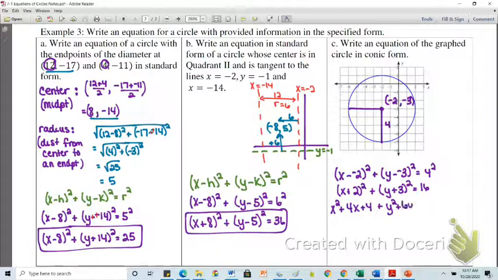I'm going to do it for both. And I'm going to bring the 16 over to the other side. Now I just got to combine like terms and put them in order. So it's my x squared, then my y squared, then my x, then my y, and finally my constants. 4 plus 9 minus 16 gets me a negative 3.